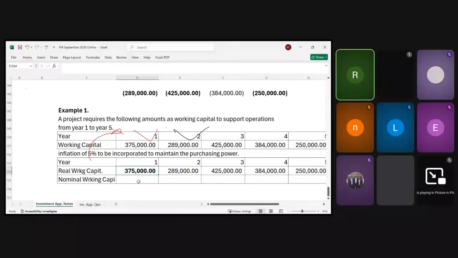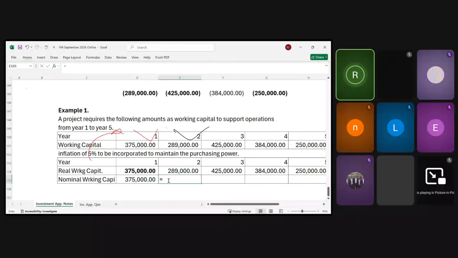If you want to inflate it, your inflation will be behind by 1 year. So I put 1.05 to the power, and behind year 1 there is year 0. So if you inflate with year 0, it goes back to the original 375.